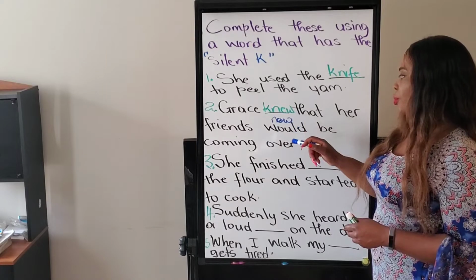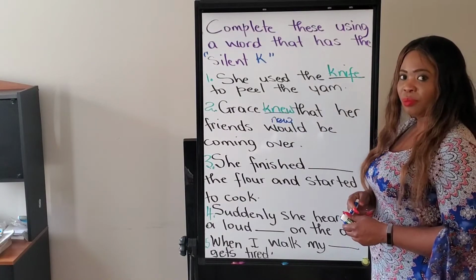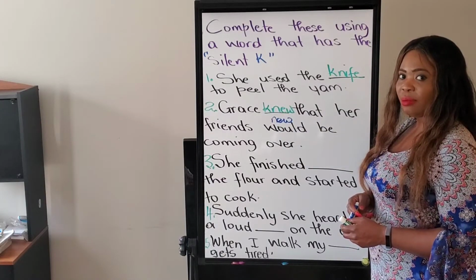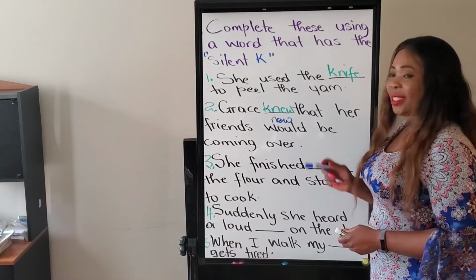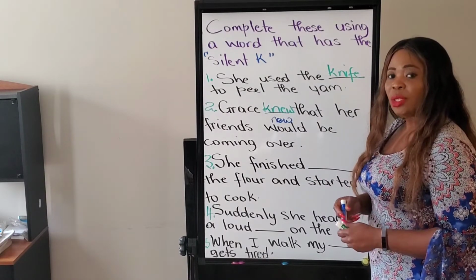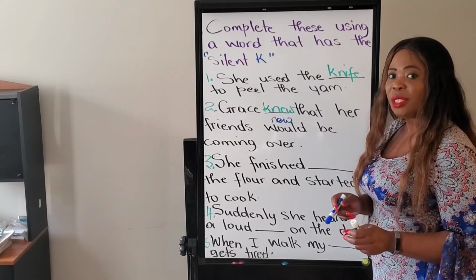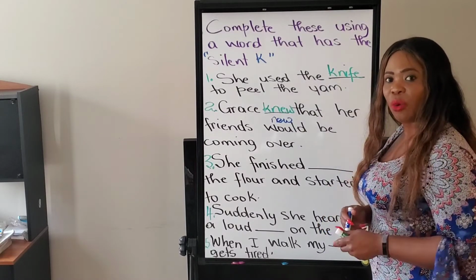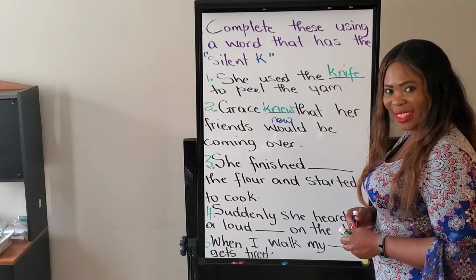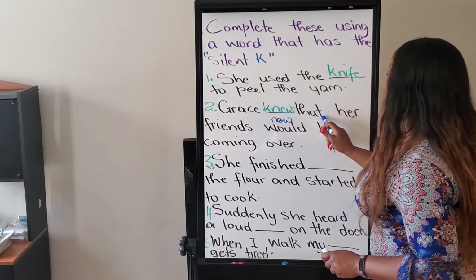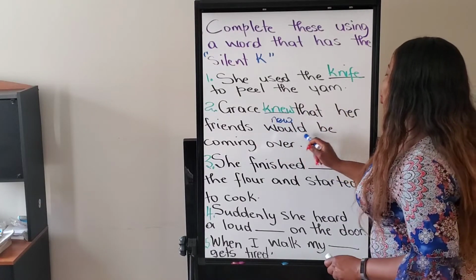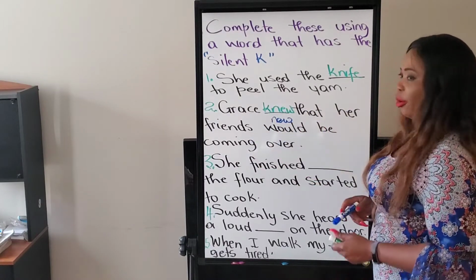It's new. But this one is what? You tell me. Good. It's the past tense of know. So I know something, but I knew that would happen. Got it? Beautiful job. Okay, so Grace knew that her friends would be coming over.